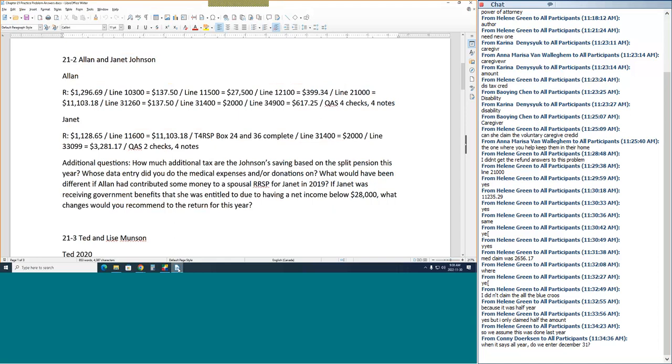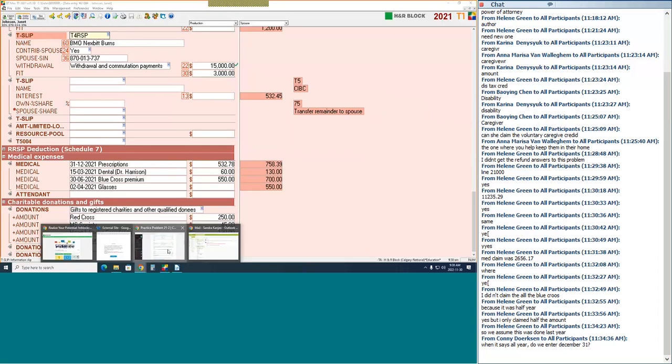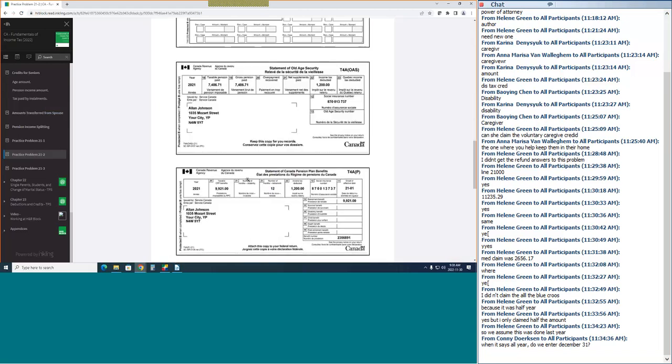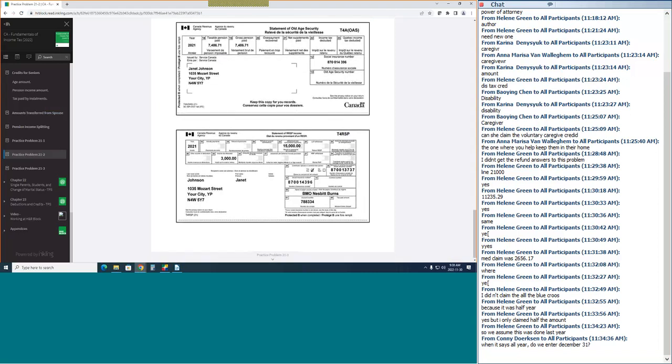Okay. So my next question for you, I'm going to go back to the case for this one. We know in this case that we had a T4 RSP, box 22 from a spousal plan. What would have been different in this case if we also had an RSP receipt for Alan?